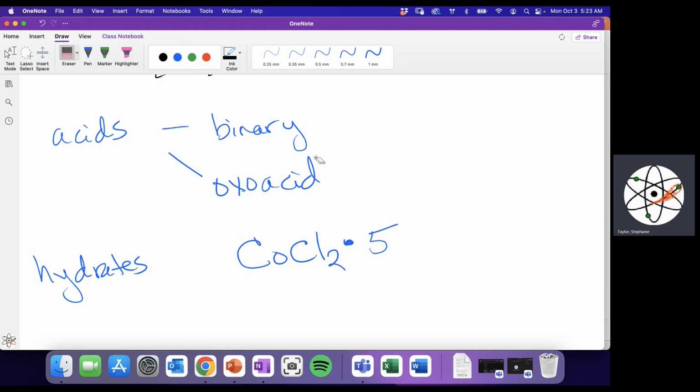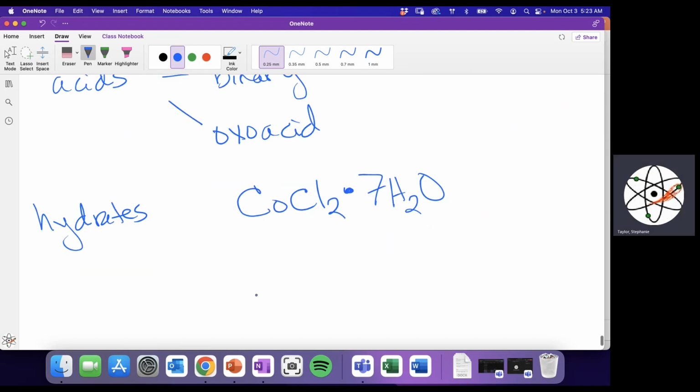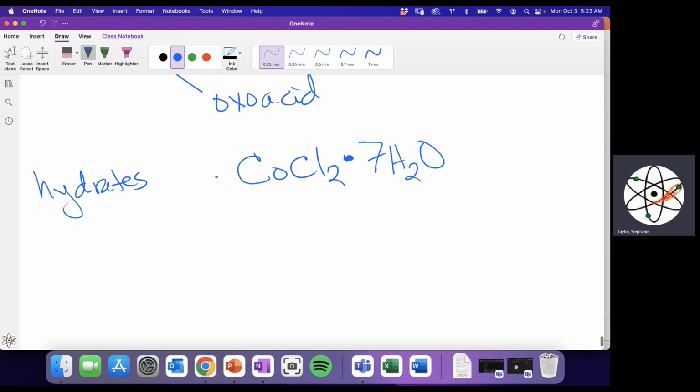Actually, I think this is supposed to be a 7. I'm trying to remember what the actual molecule is here. So it's got a part that we've already covered, which is dealing with elements. So my chlorine should have a -1 charge. My cobalt, therefore, has a +2 charge.